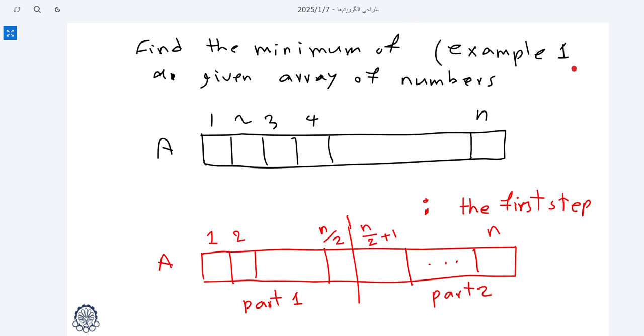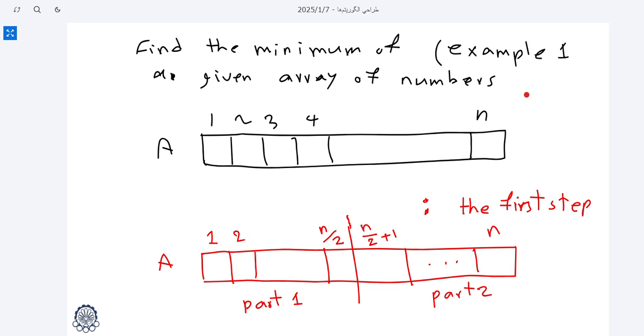We do this approach for this problem, the problem of finding the minimum of a given array of n numbers. For example, suppose you have an array of n numbers and we are going to find the minimum. If you are going to design an algorithm for this problem using the divide and conquer approach, at the first step we should divide the problem into smaller subproblems.